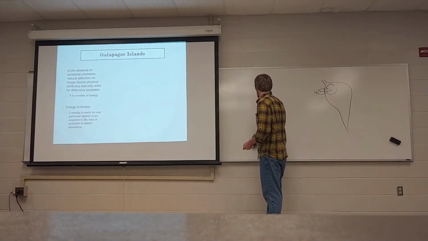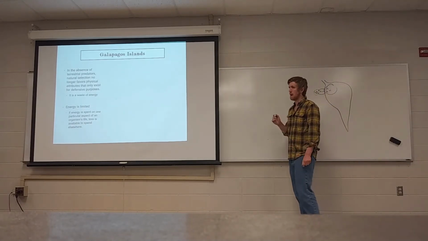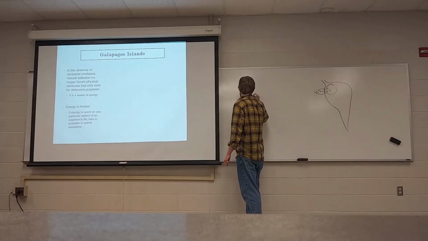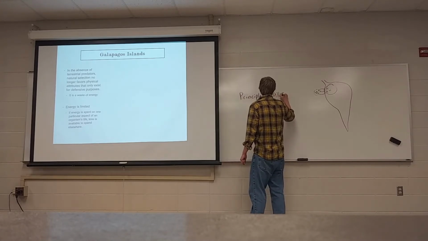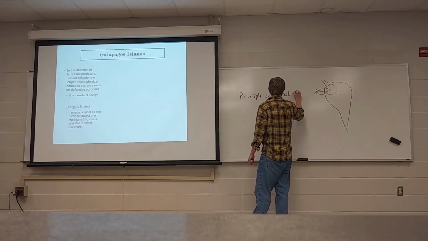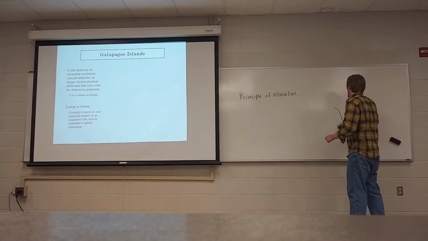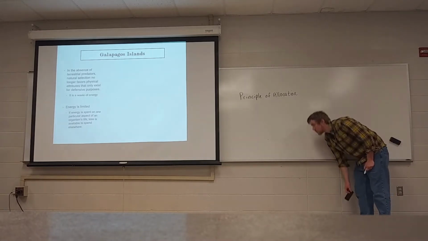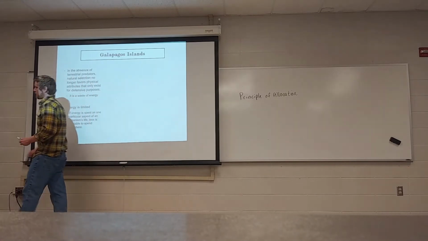If energy is spent in one particular aspect of an organism's life, less energy is available to spend in other areas. It's called the principle of allocation. If you allocate energy to one particular aspect of your physical being, there's less available for something else.